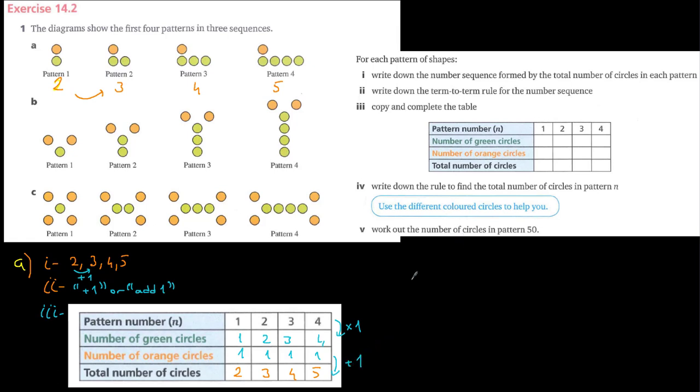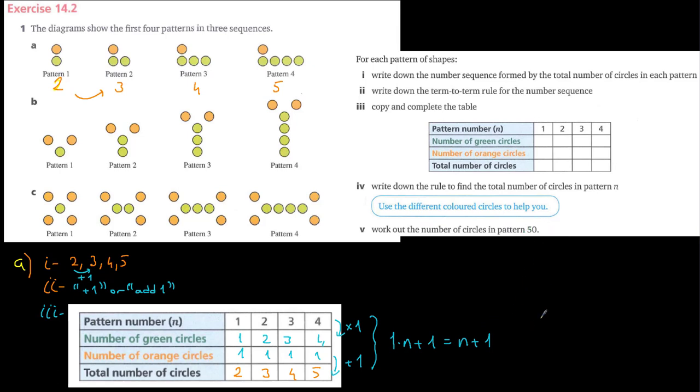So the general formula for this one is 1 times the pattern number plus 1, which is equal to n plus 1. Write down the rule for the total number of circles. Yes, I have written. Work out the number of circles in pattern 50.